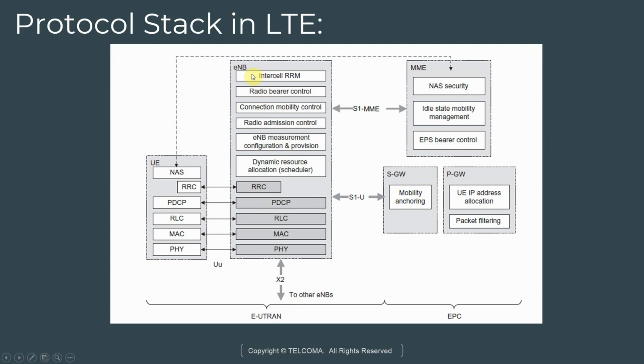In the eNode B, some of these higher level functions are higher up in the protocol stack, like inter-cell radio resource management, radio bearer control, connection mobility control, admission control, eNode B measurement configuration and provisioning, and some resource allocation scheduler.